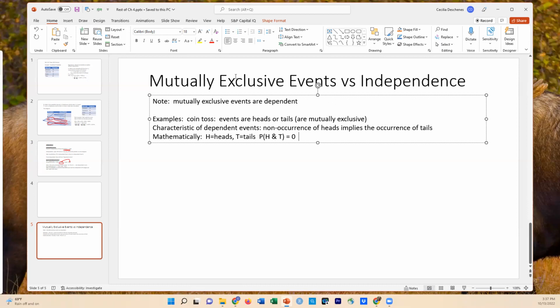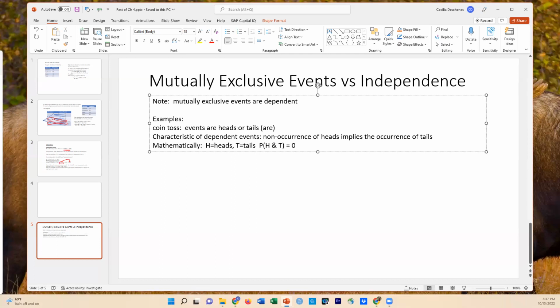Right now we're talking about mutually exclusive events. To contrast that with independence, so you can see the difference, these are not independent.